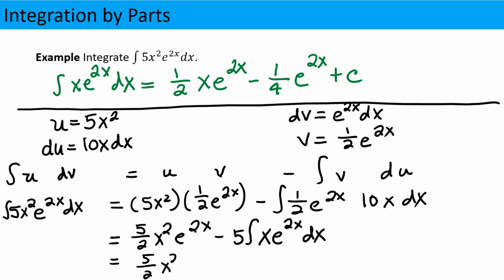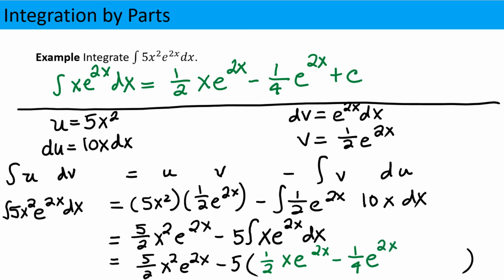5/2 x squared e to the 2x minus 5 times the integral we previously obtained, which is 1/2 x e to the 2x minus 1/4 e to the 2x plus c. Then we have one final step to do, and that is to distribute the -5. So let's do that.